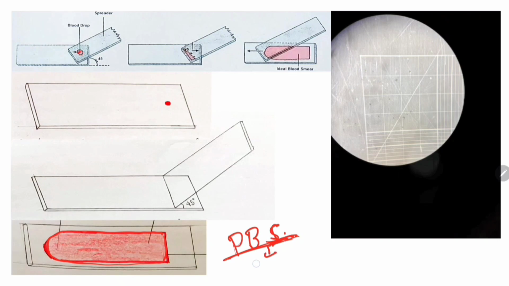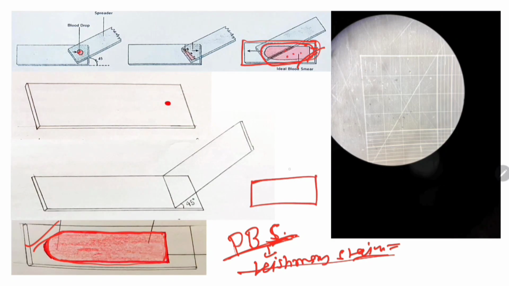So how will we stain? The Leishman stain. For the first thing, we should prepare the blood film. After preparation, we must dry it completely throughout. Suppose this is the slide and the blood film is here. Now we can put Leishman stain on it.